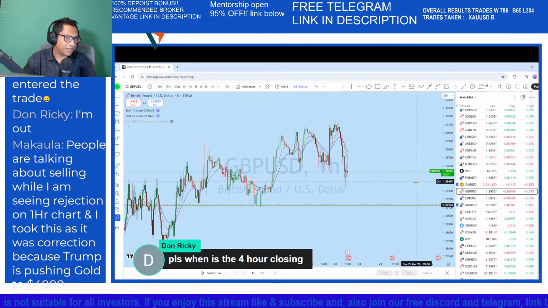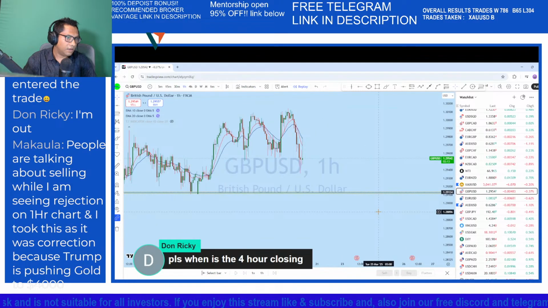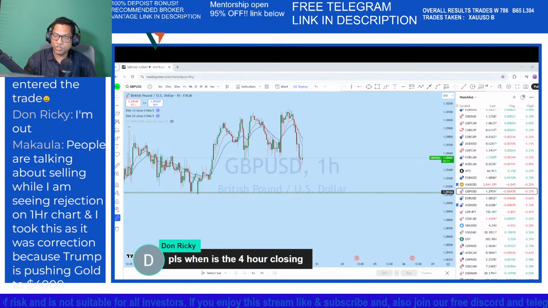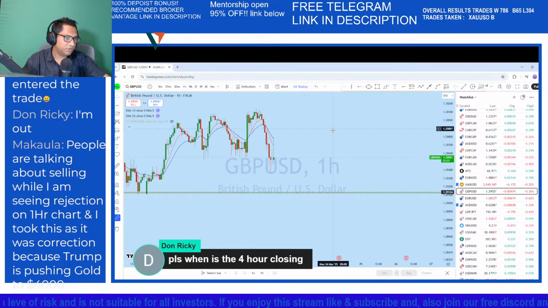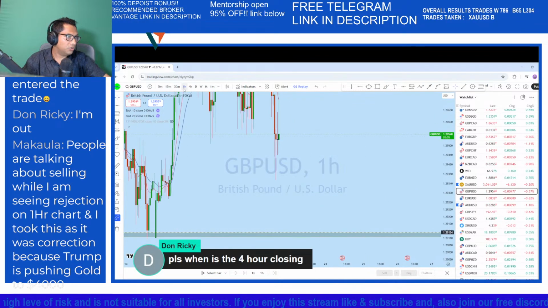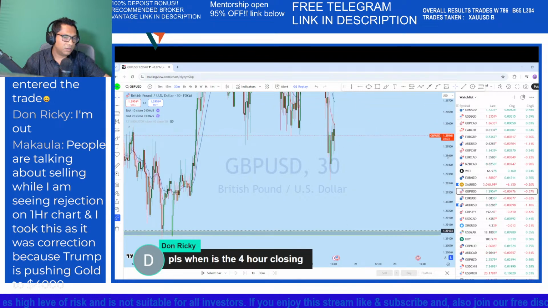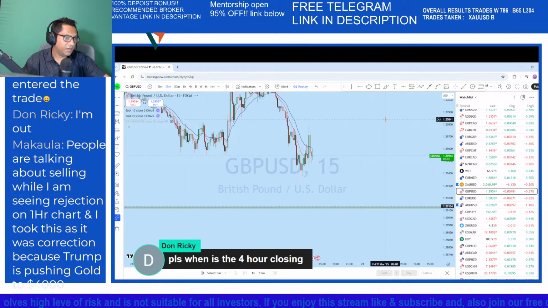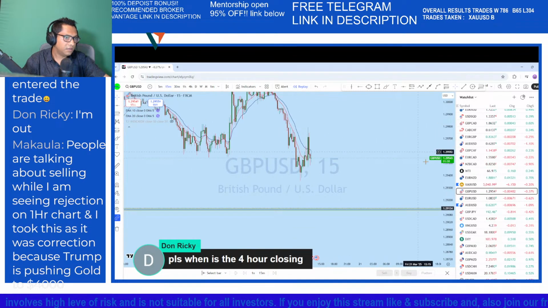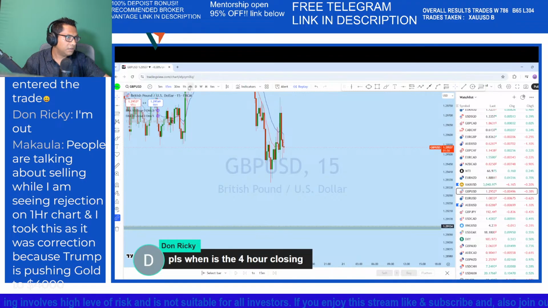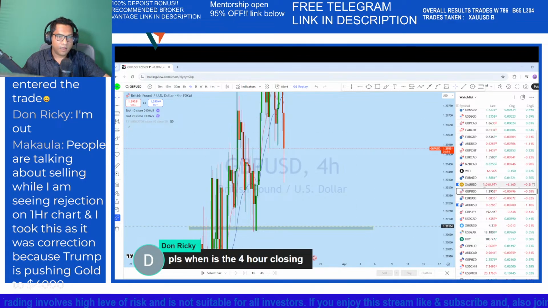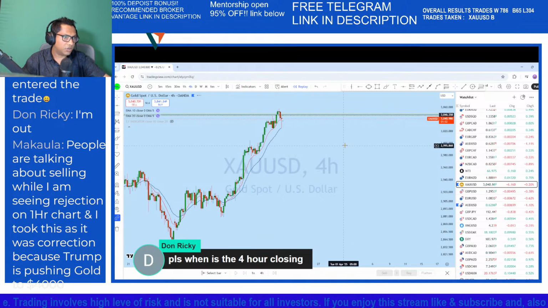We may see a downtrending movement here. We could see some downward pressure on British pound US dollar. So we'll wait to see what happens. We need to see a little more time on GBP USD.